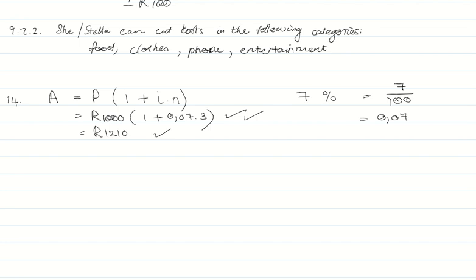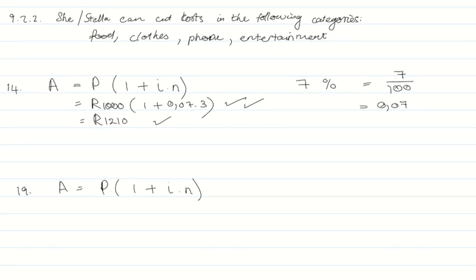Now the rates of loans or study loans are also calculated on simple interest. So once again I write down my formula: A is equal to P times (1 plus I times N). What is my starting amount? 6,000 Rand.